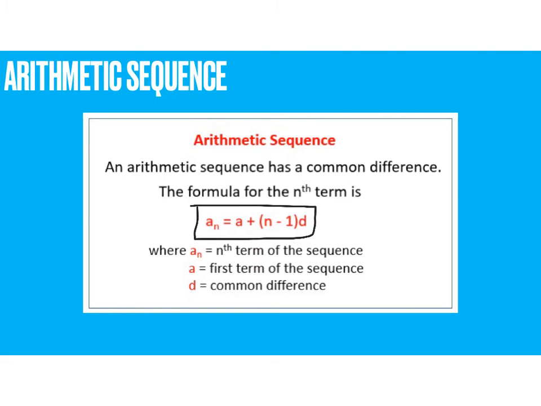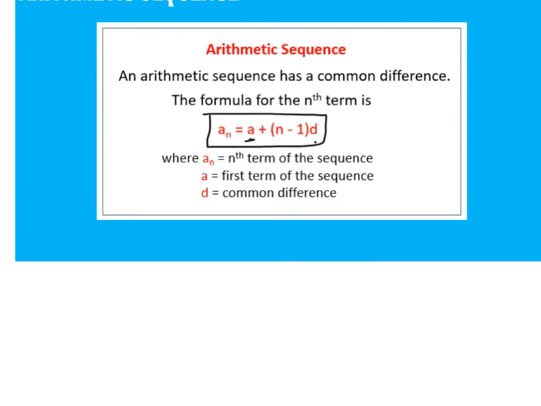A of n is the nth term of the sequence. This A is our first term of the sequence, and D is the common difference. An example of an arithmetic sequence would be 1, 3, 5, 7, 9, where to go from 1 to 3, we're adding 2.